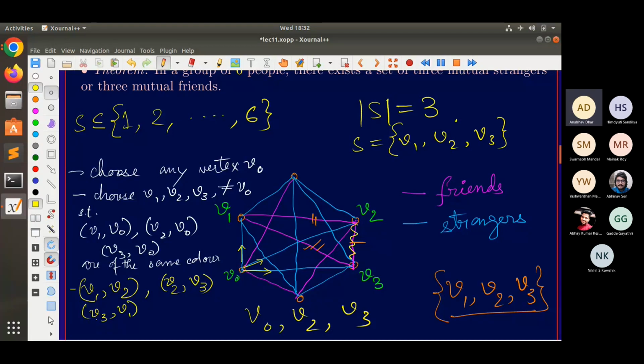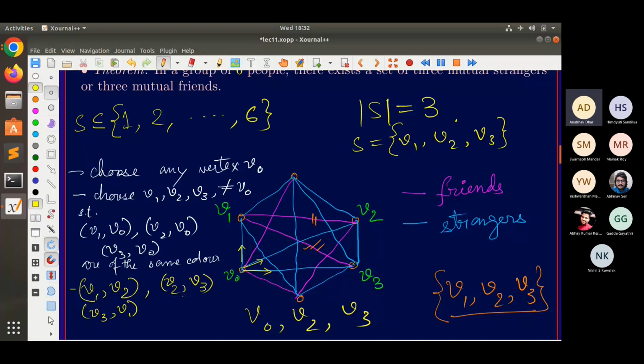If any one of these is of blue color, let's say this particular edge, V2V3, if this edge was of blue color, then you can choose this triangle, and this triangle will have all edges of the same color. That means V0V2, V2V3, and V3V0 are either all mutual friends or all mutual strangers.